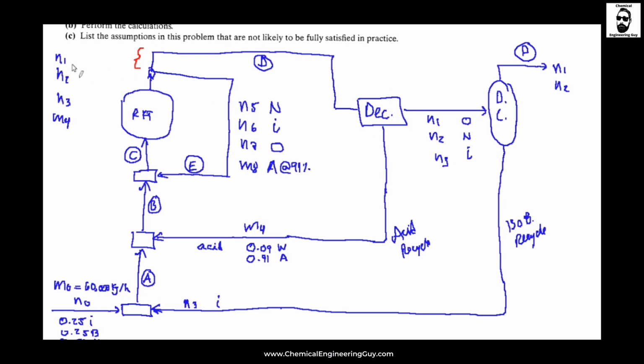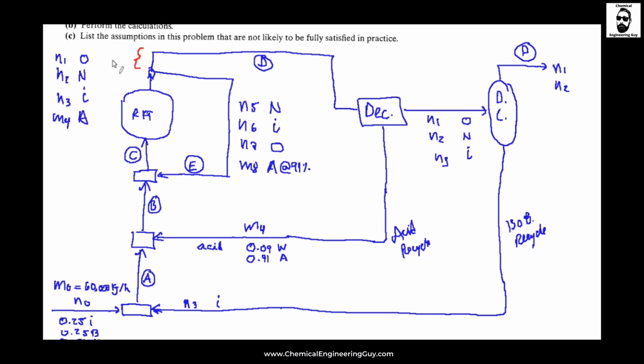So I'm just going to call this N1. N1 enters, N1 goes out. N2 is the same. So this is N, this is octane, and this is isobutane. M4 is separated here, so I'm just going to call it M4. It's the acid.